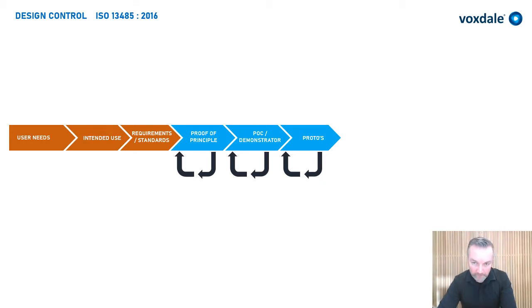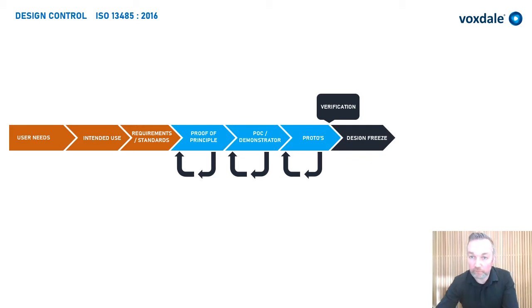That final prototype of your design will then be subject to verification, meaning you will verify if your development complies with all the initial requirements and standards you had defined in the previous phase. And hopefully that will lead to a frozen design, a design that can then be validated.